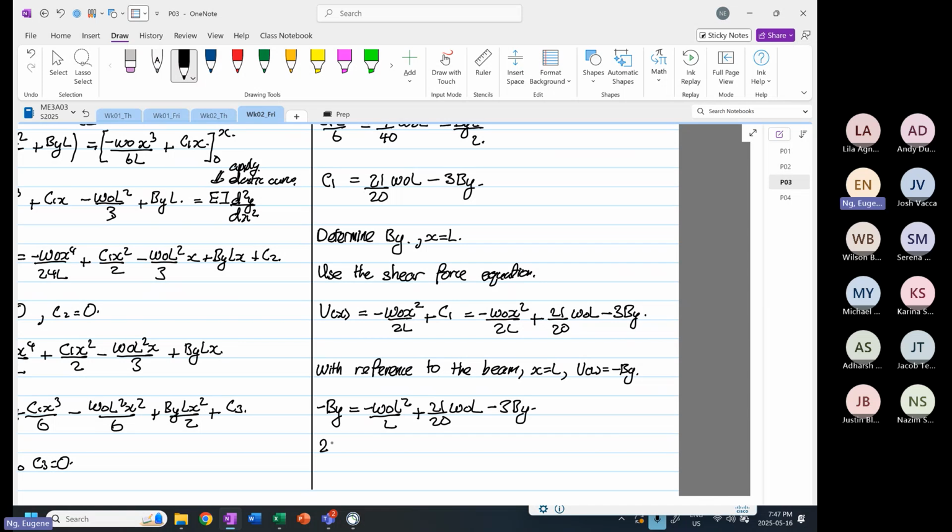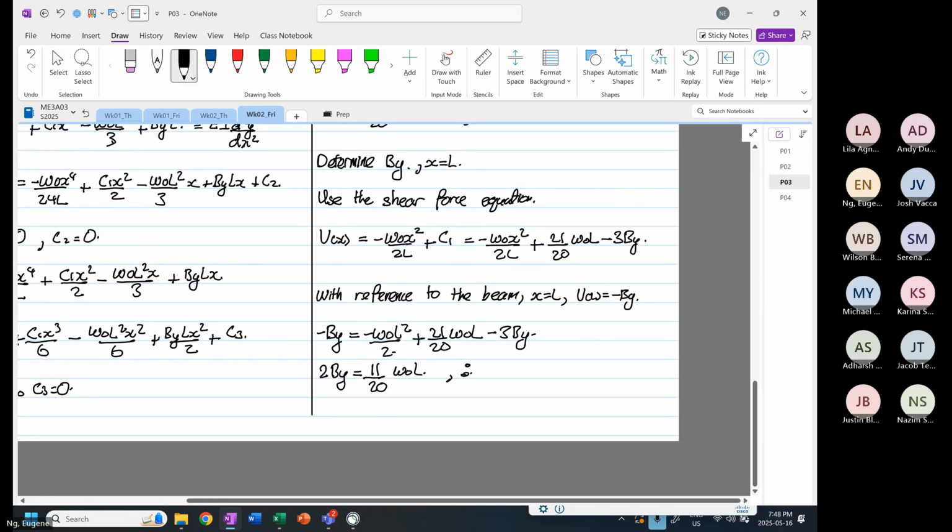So over here, you have 2 B_y will be equal to minus 1 over 2 plus 21 over 20. You have 11 over 20 omega naught L. So therefore, B_y will be equal to what? 11 over 40 omega naught L.